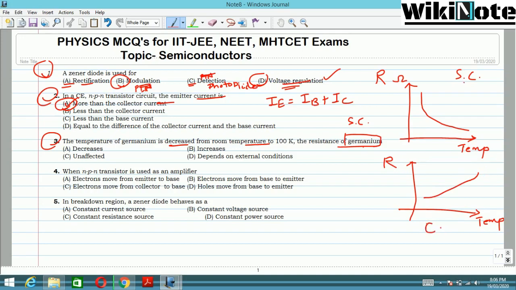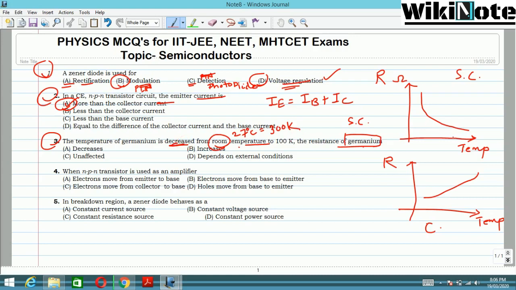So for the semiconductor, now we'll focus on our question. Room temperature is normally 27 degrees Celsius, which is taken as approximately 300 Kelvin. It's 300.15 actually. So 300 Kelvin, and it decreases to 100 Kelvin.